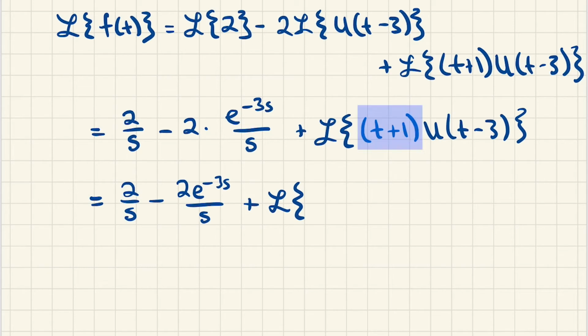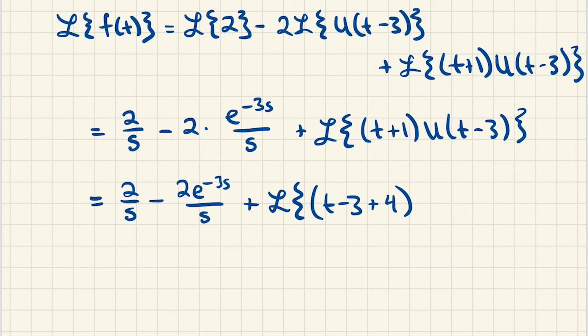So we have to write this as a function that's offset by 3. In other words, we need a t minus 3. Well, let's just create it. So t minus 3, but obviously we have to add 3 back in, so we'll go plus 4. And that's the same thing as t plus 1, but it's now written in the form of t minus 3 plus 4.